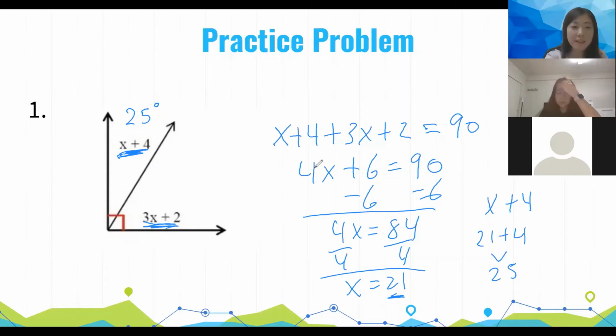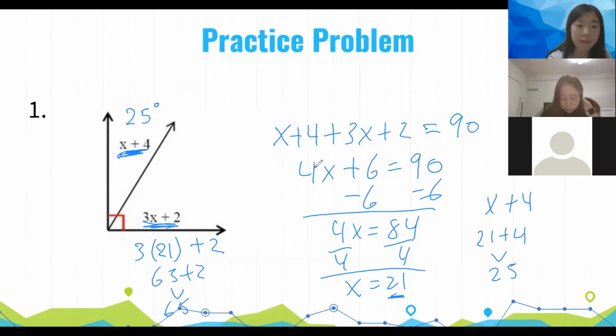Yes. You plug in x: 3 times 21 is 63, plus 2 equals 65. And 65 plus 25 equals 90. So that's how we know x equals 21 is correct.